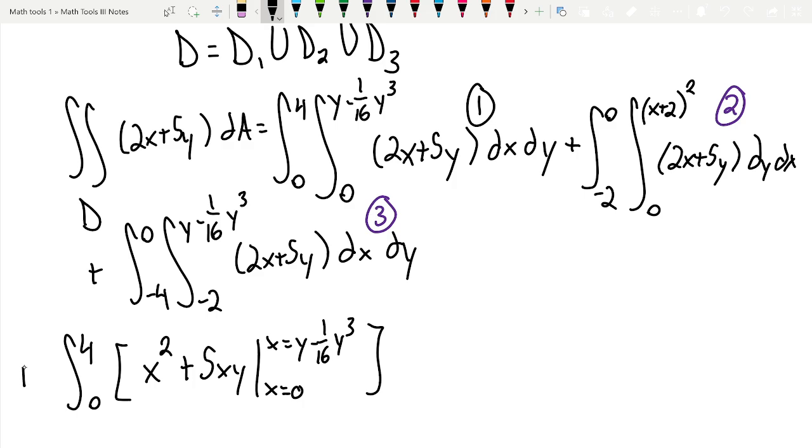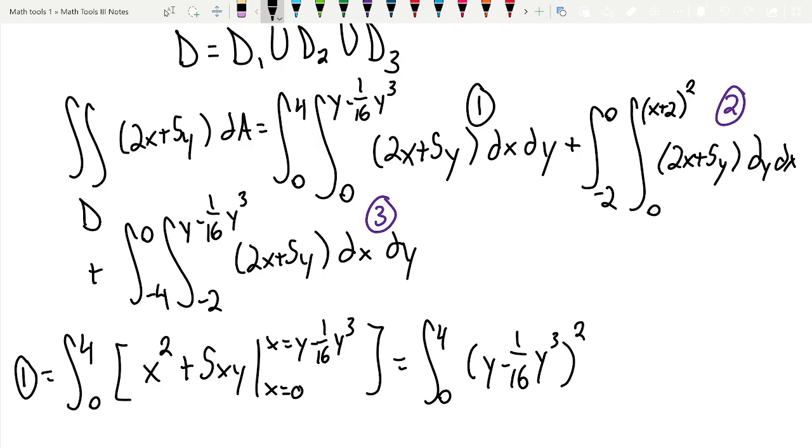Okay, so we'll say that 1 is equal to this. So anyway, this is going to be 0 to 4. And then we're going to plug that in for x. So this is where it gets kind of tedious, but it's nothing we can't handle. Plus 5 times y minus 1/16 y cubed times y.